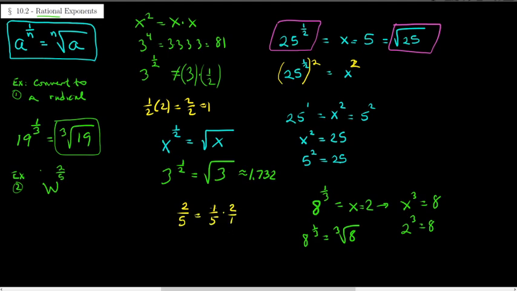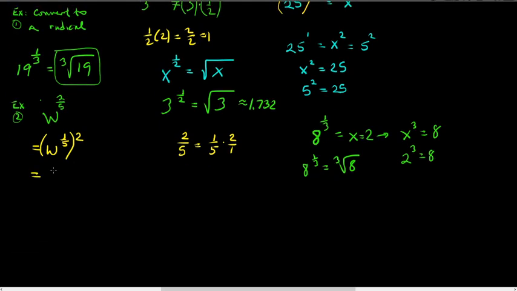Right? And if I do that, remember, I can also split that up as the exponent, right? In other words, this is just w to the 1/5, all raised to the power 2, because you would multiply 1/5 times 2, right? Now, if you look at what's inside here, the w to the 1/5 is exactly just, right, so a is w and n is 5. So this is the 5th root of w here. And that's what's in the parentheses, right?